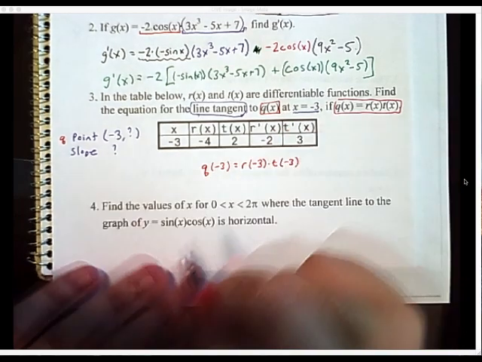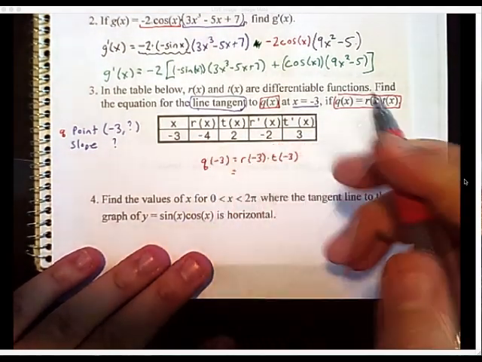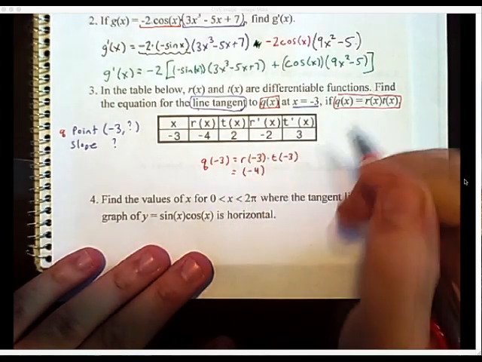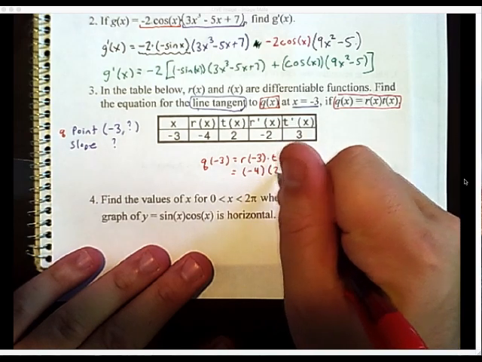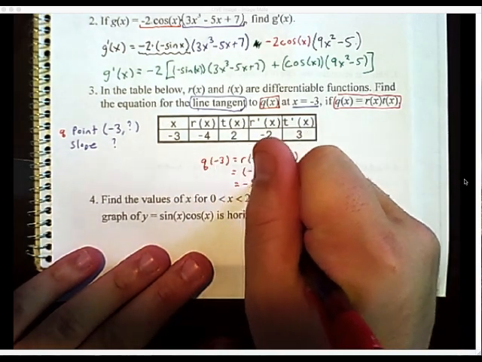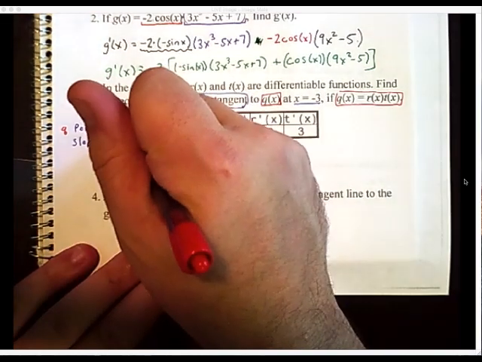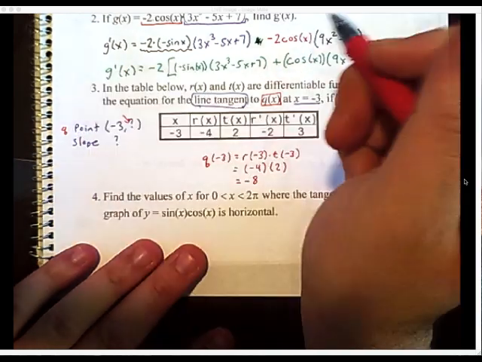It has nothing to do with the derivative yet. I'm just finding the y value. In my table, r of -3 is -4, and t of -3 is 2. So -4 times 2 is -8. So what I just found is that the y value is -8.